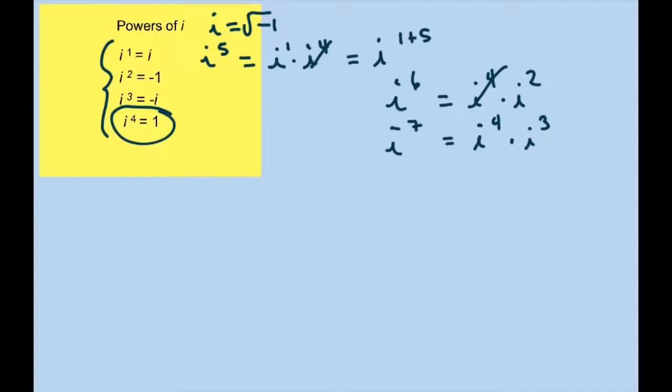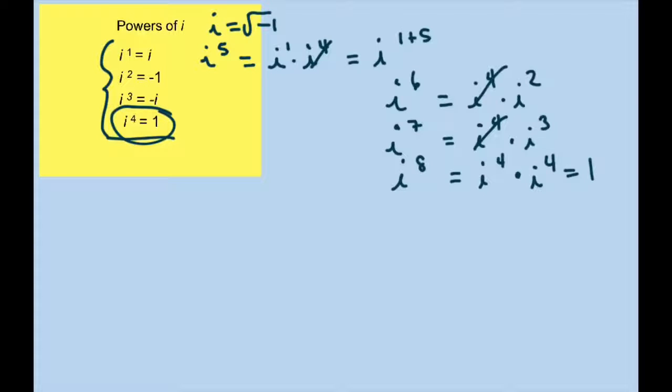So that's going to give you 1 times i cubed, which is just i cubed again. And then you get i to the 8th. That's i to the 4th times i to the 4th, which is just 1 times 1, which equals 1. So it repeats every 4.